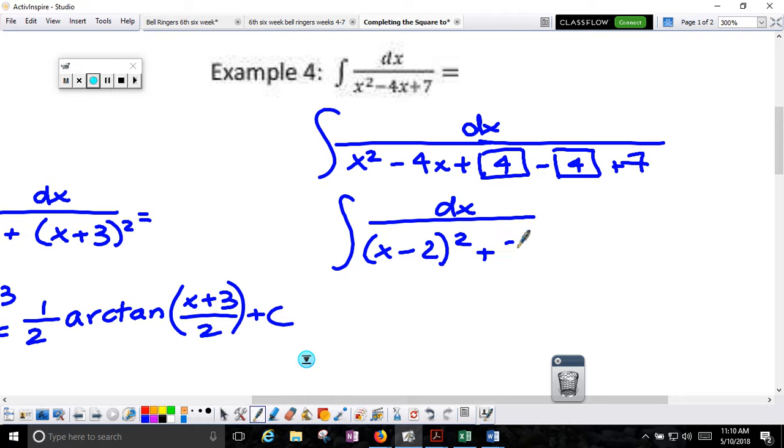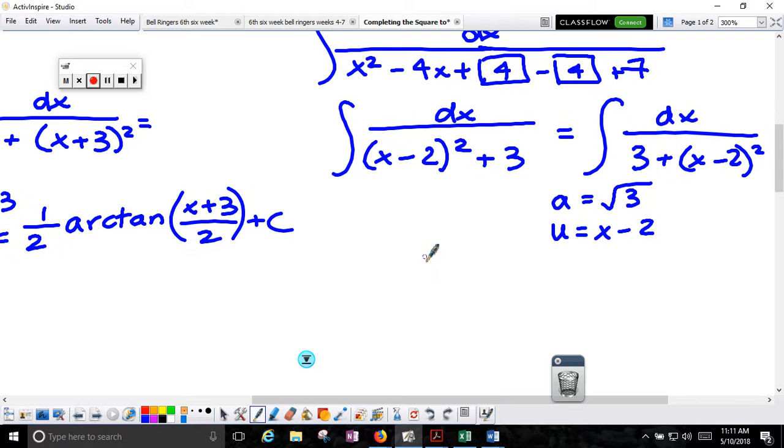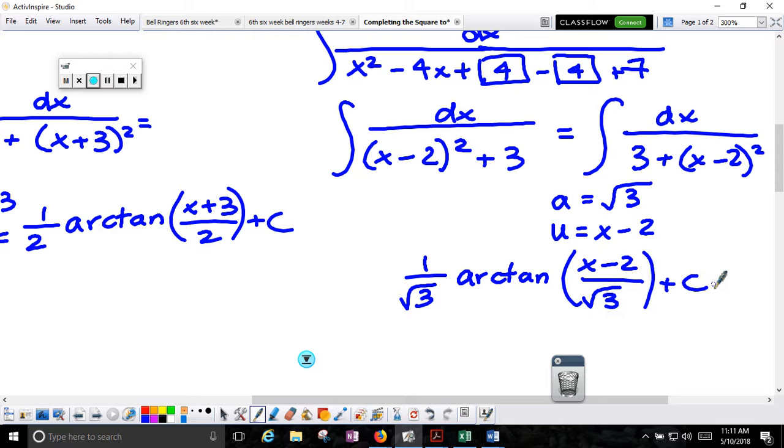And then back here I have a 3. So again, if you wish to switch the order, so 3 plus x minus 2 squared in the denominator. So our a this time is going to be root 3, and our u is going to be x minus 2. So integrating 1 over root 3, arctangent again, x minus 2 over root 3, and then plus c.